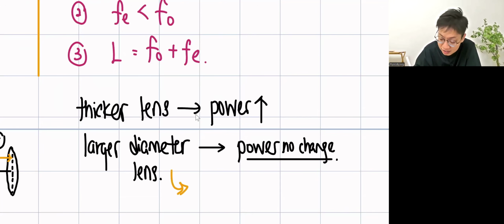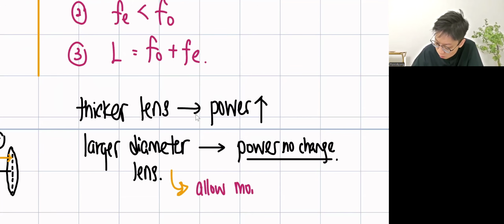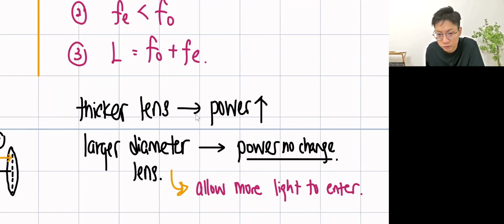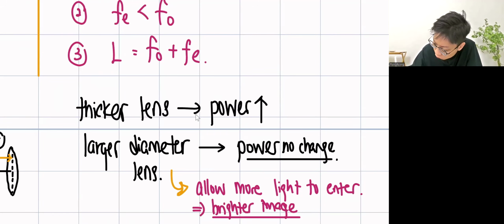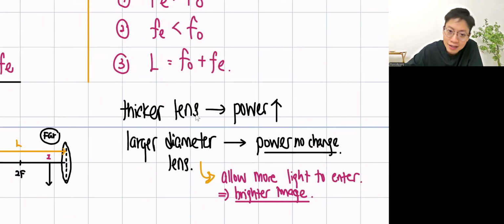What it usually affects is this: a larger diameter of lens will allow more light to enter. So this allows me to form a brighter image. That's it.